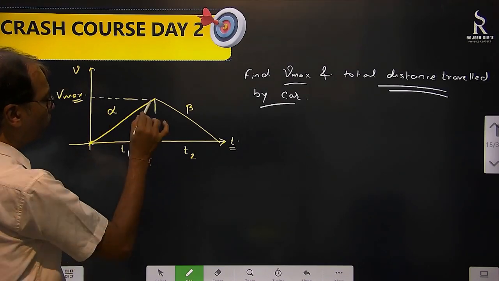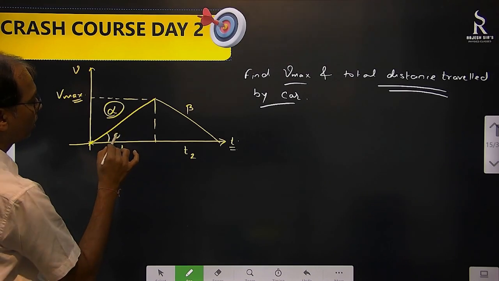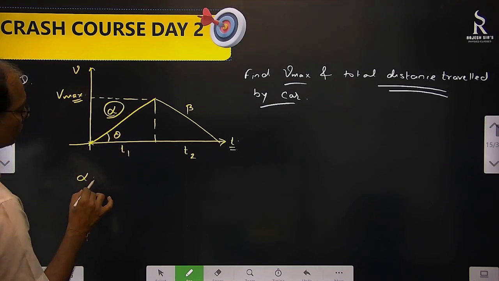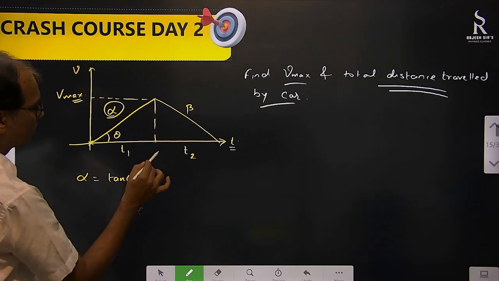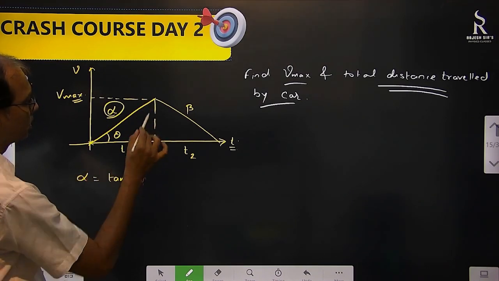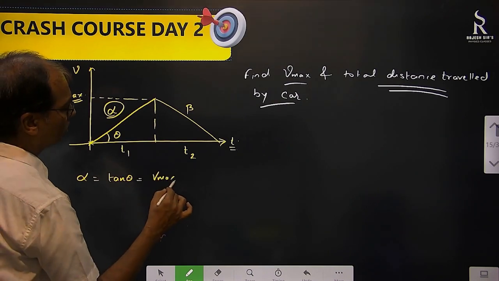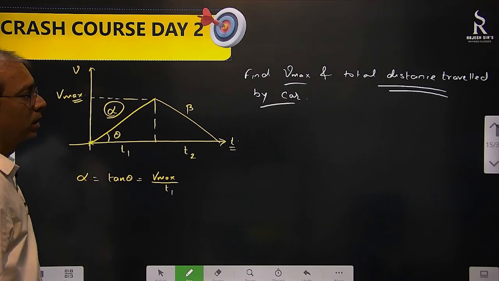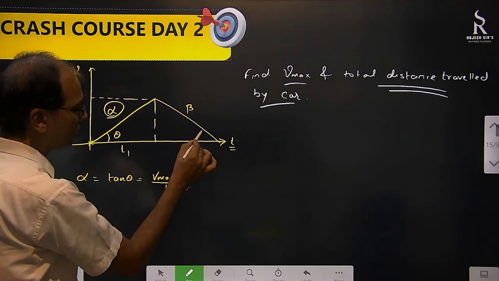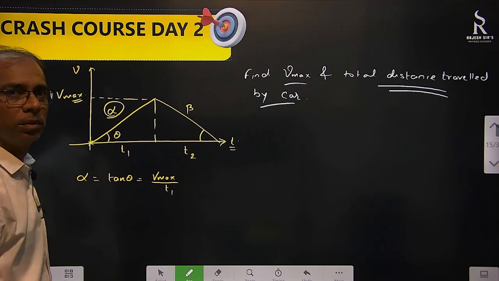Its slope is what? This graph slope is alpha. Slope means tan theta. If this is theta, then alpha is tan theta. Tan theta means this by this. What is this? This is V maximum, this is T1. So alpha is V maximum by T1. Same with beta. Beta is that angle.